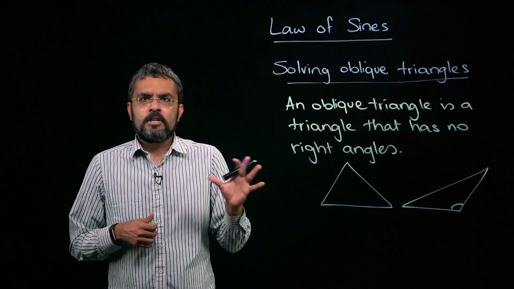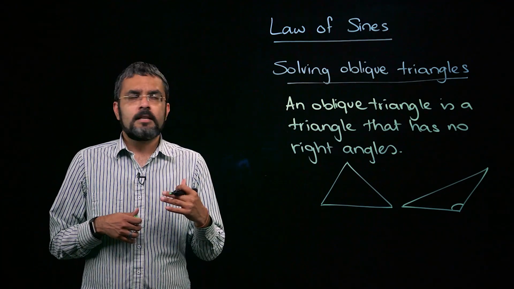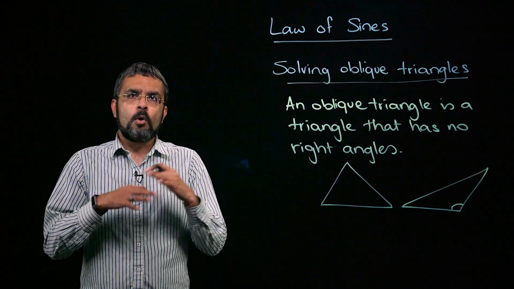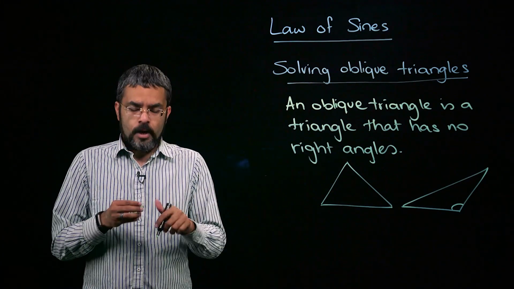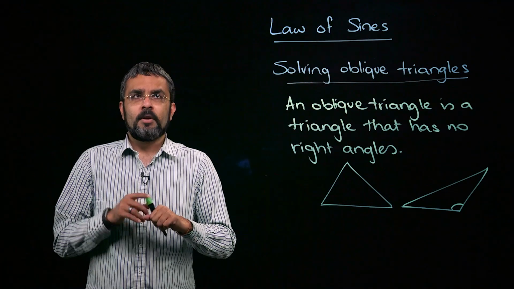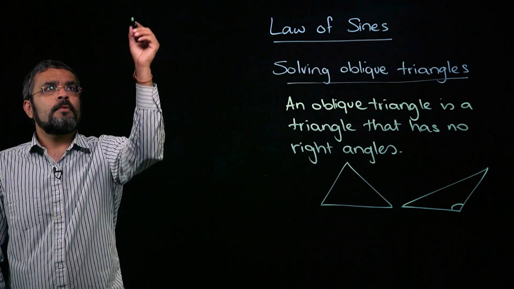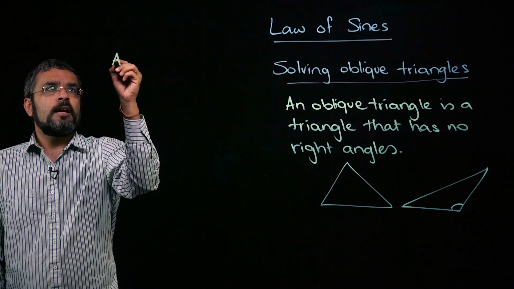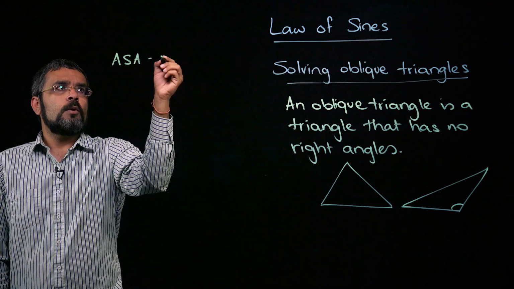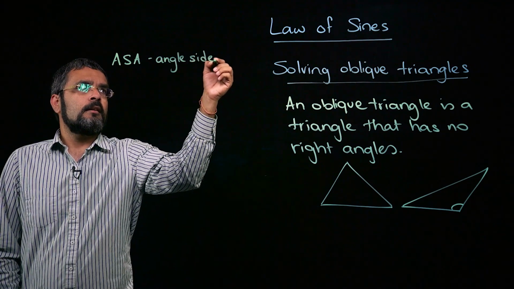Now, when I say solve a triangle, it means that you're trying to find all the sides and all the angles. So if I want to solve any triangle, I need to be given some information. Particularly, if you remember from your geometry class, we could be given the following pieces of information. One is ASA, which is angle, side, angle.